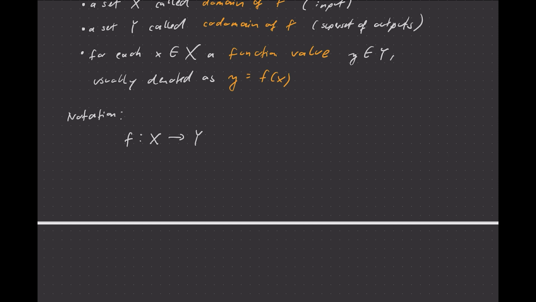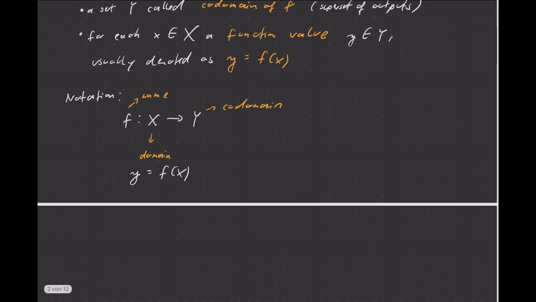So this defines the name of the function, the domain, and also the codomain. And then next to that or below that, you somehow define the function values by either giving a formula, an enumeration, an implicit description, what the function does, whatever you want to do to define that assignment.